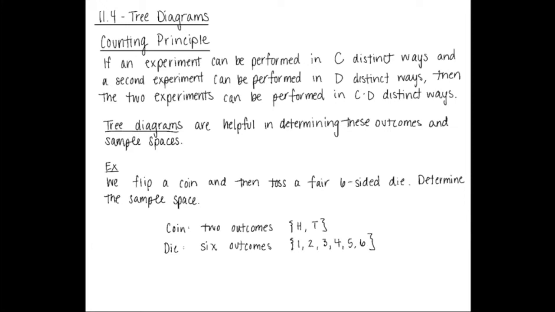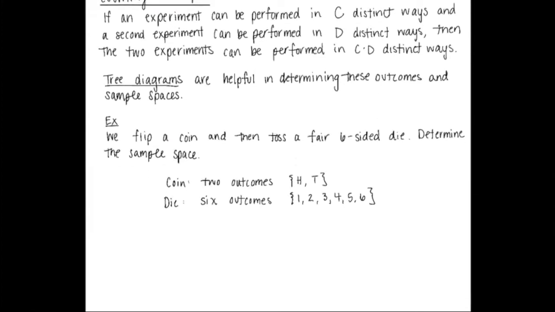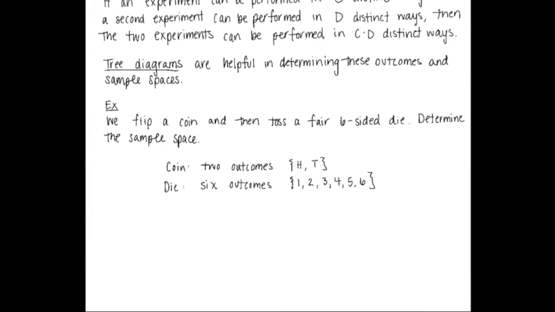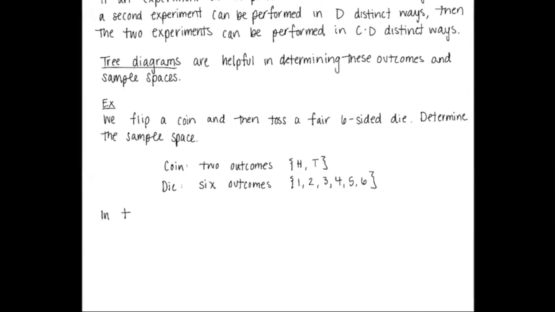Okay. So I have 2 outcomes in my first event, 6 in my second. How many total outcomes then if I do this experiment? 12. So in total, there are 2 times 6, which equals 12 outcomes. Okay.